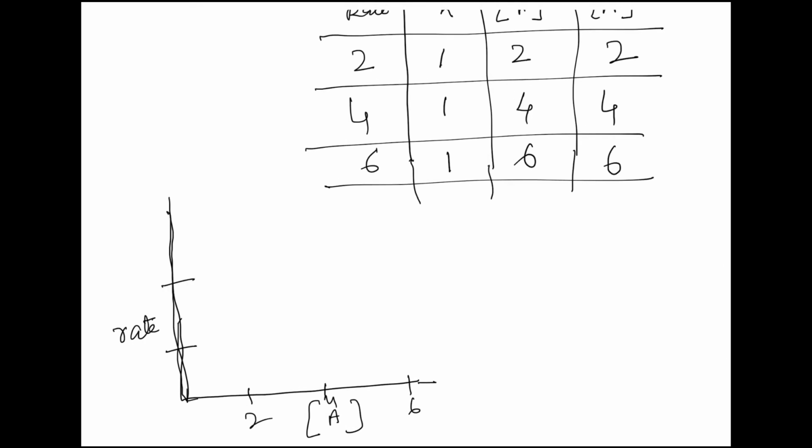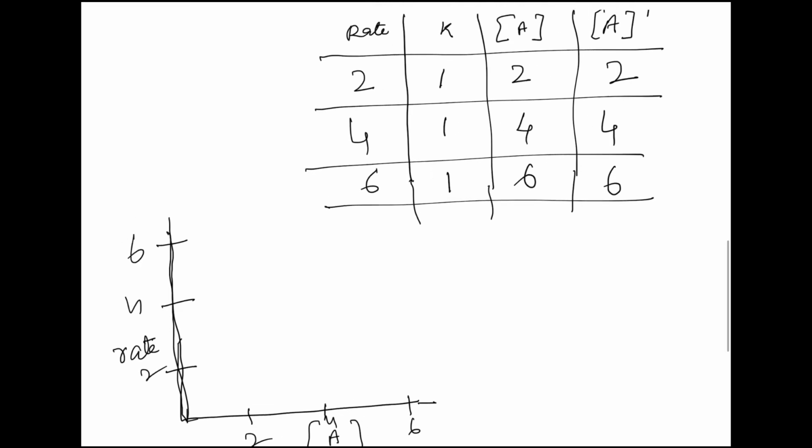With concentration 2, rate is 2, with concentration 4 rate is 4, with concentration 6 rate is 6. Then this will be a straight line. This is first order reaction.